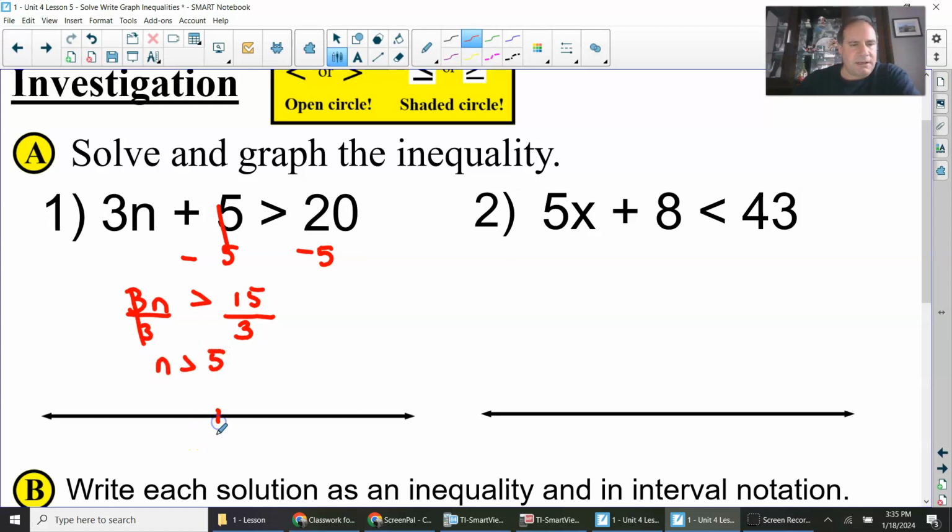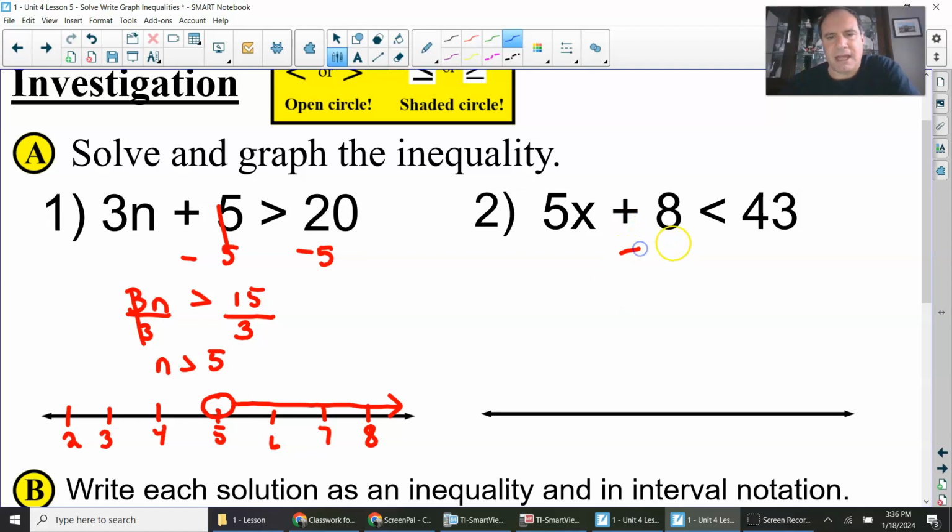When you're graphing, you put the 5 directly in the middle and fill in the numbers around it. It's an open circle above 5, and greater than is going to the right. That's basically how you would graph that.